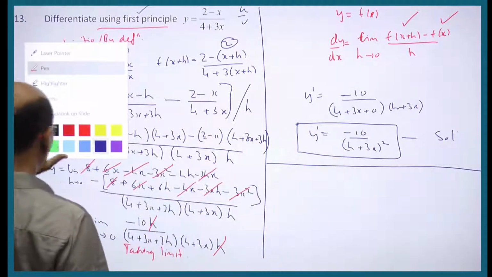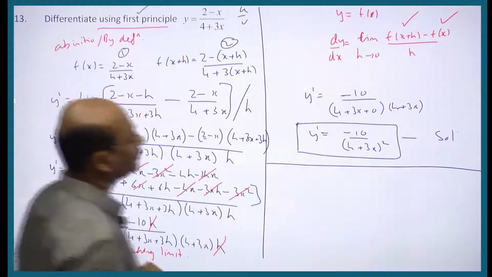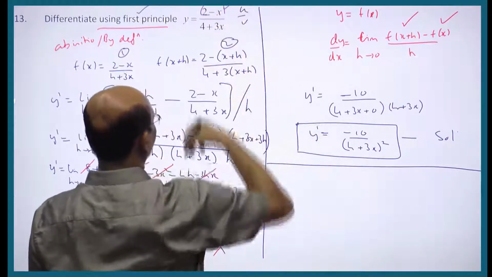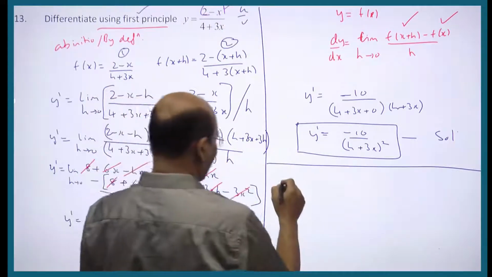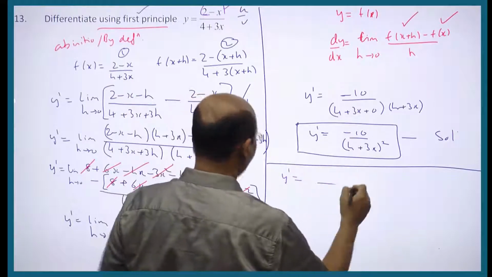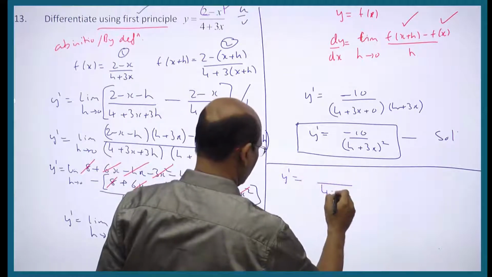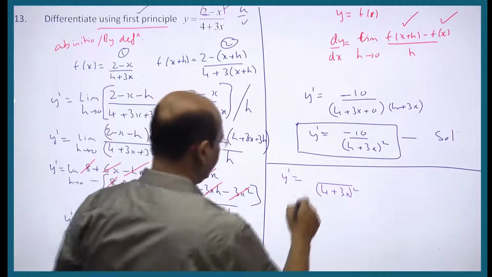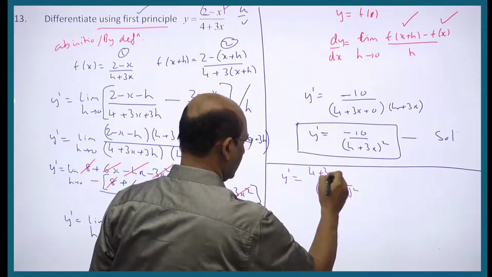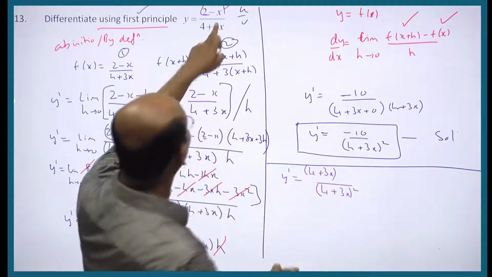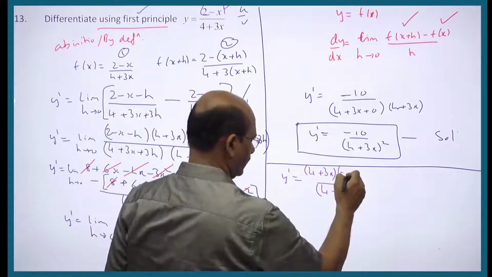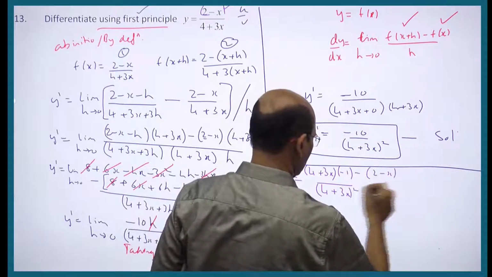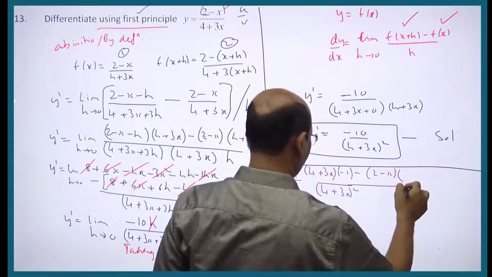I am directly doing u by v, so see what happens. Okay, so you know this is u and this is v, 2 minus x. So y dash is v square, v times derivative of u, minus 1, minus u times derivative of v.